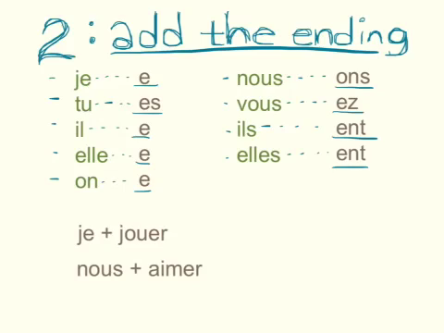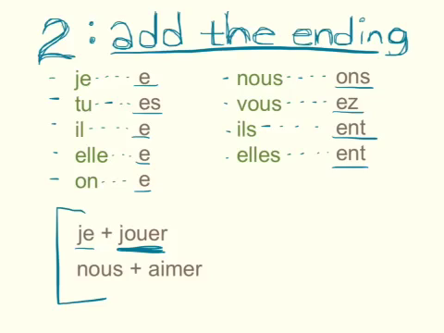So if you look down at the bottom here, I've got two examples. If we wanted to say je and use the verb jouer, so we want to say I play. Jouer here is our infinitive, so we need to change it according to our two steps in order to conjugate it.